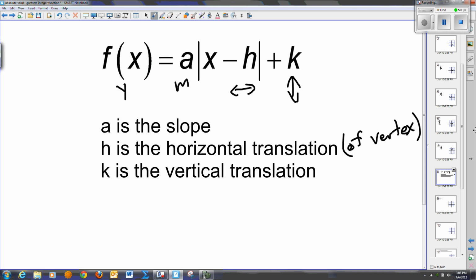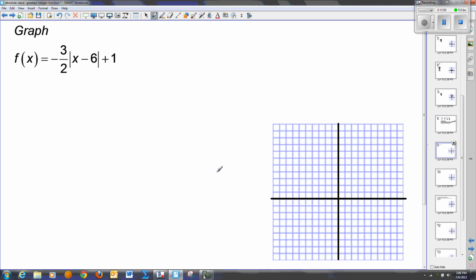So let's take a look at a quicker way of actually going through and graphing an absolute value function using this concept. Now, here I have y equals, or f of x equals, negative 3 halves times the absolute value of x minus 6, plus 1. This 1 is going to be a vertical translation of 1 up. Now notice 6 follows the subtraction sign, and this was the absolute value of x minus h. Of x minus h. 6 is going to move this 6 to the right.